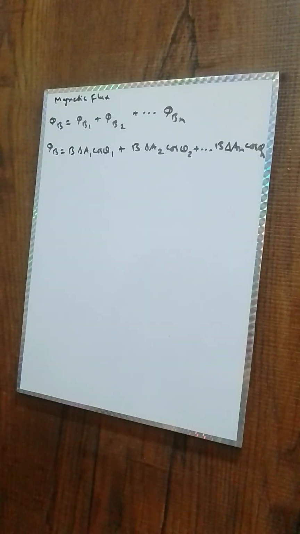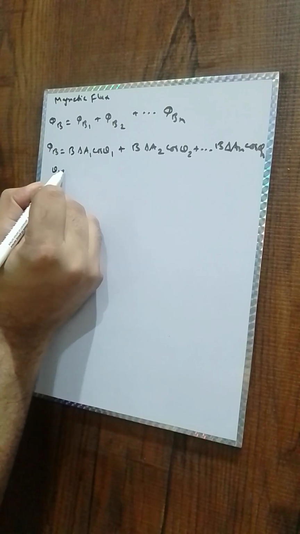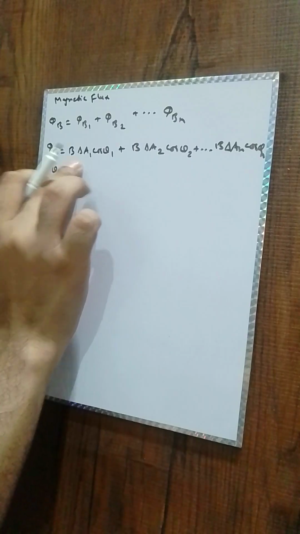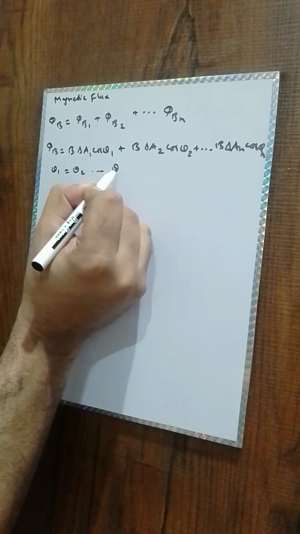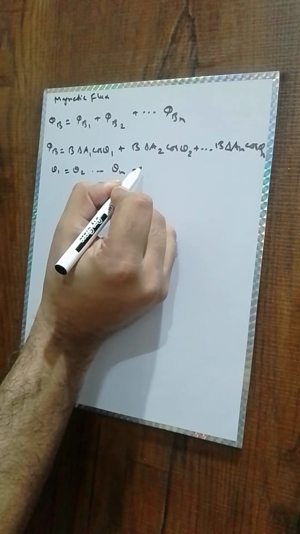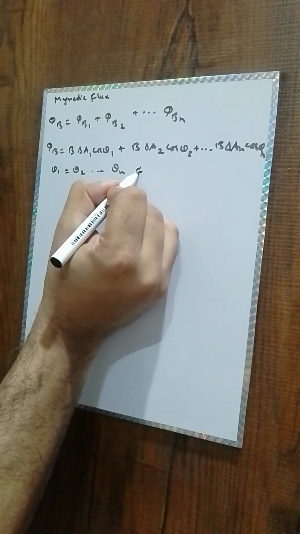Okay, so what is happening here is that theta 1 is equal to theta 2 is equal to theta n. It is roughly equal to theta.